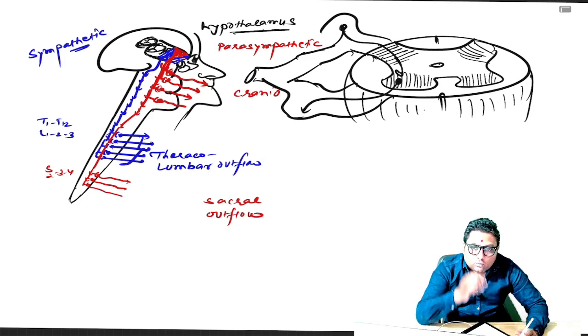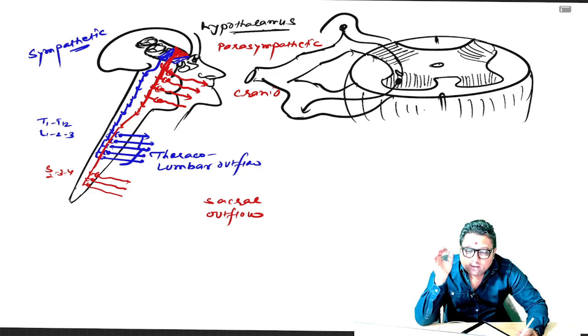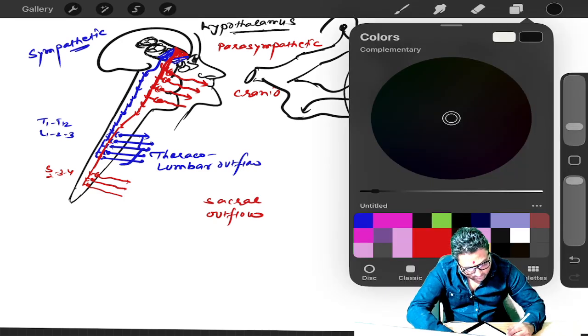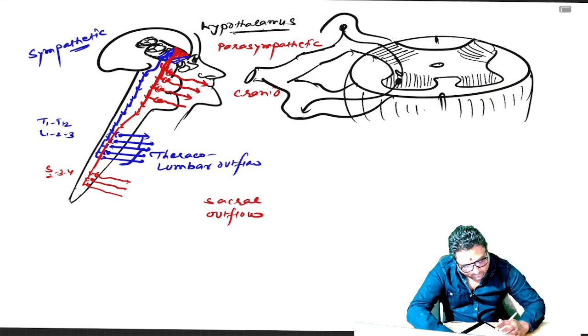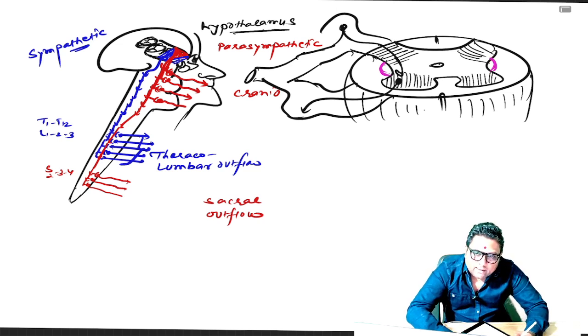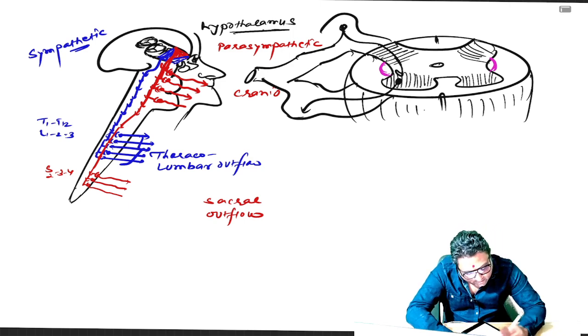Now, from where are these autonomic fibers coming out? Now there is another horn which is present between the anterior and posterior gray horn.